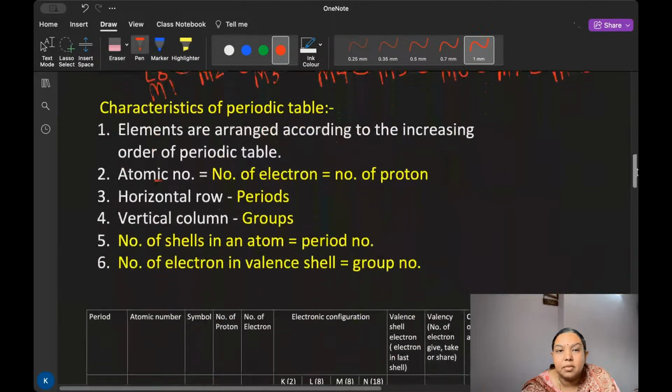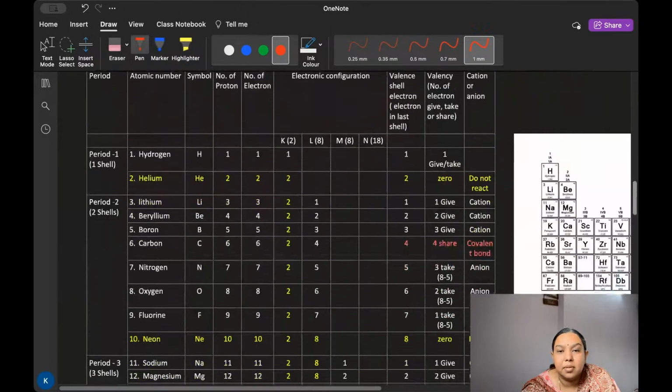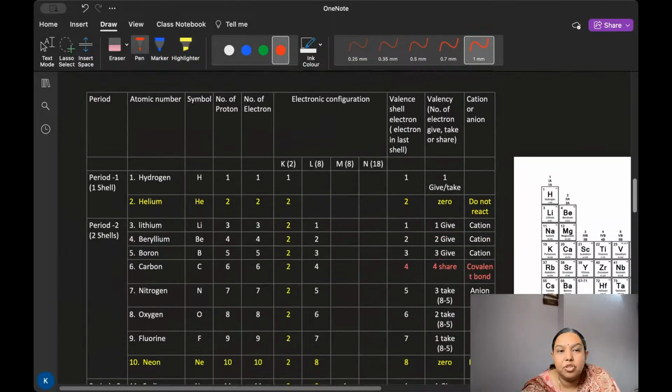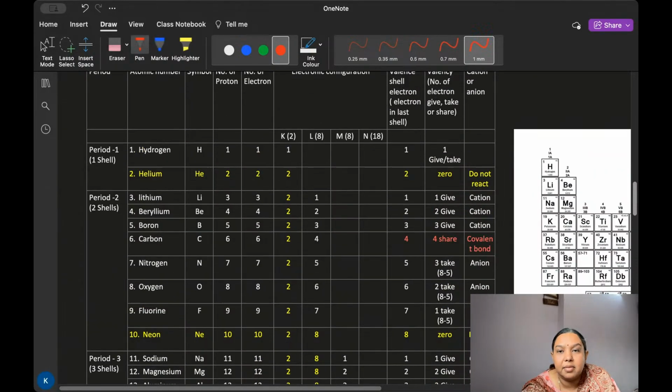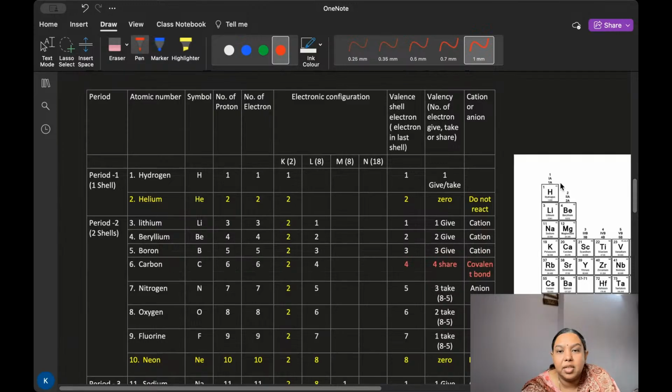See here, I have this whole chart. If the element has 1 electron in its outermost shell, then we say its valency is 1, because it can give or take 1 electron. Hydrogen is the exception because hydrogen can give and take one electron.